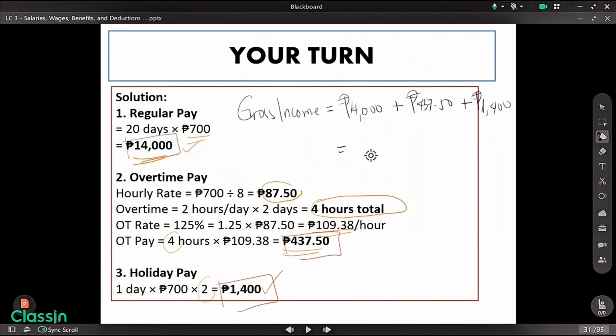If you're going to add them, the answer is 15,837.50.